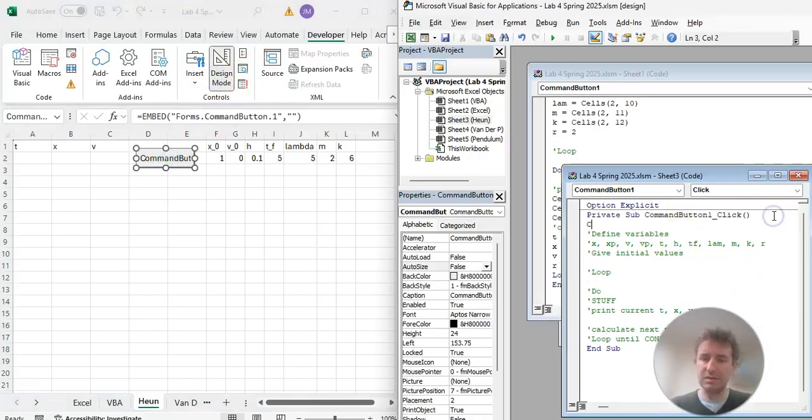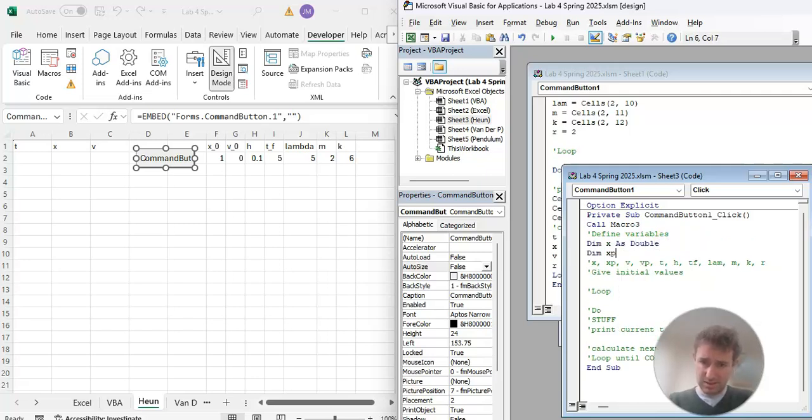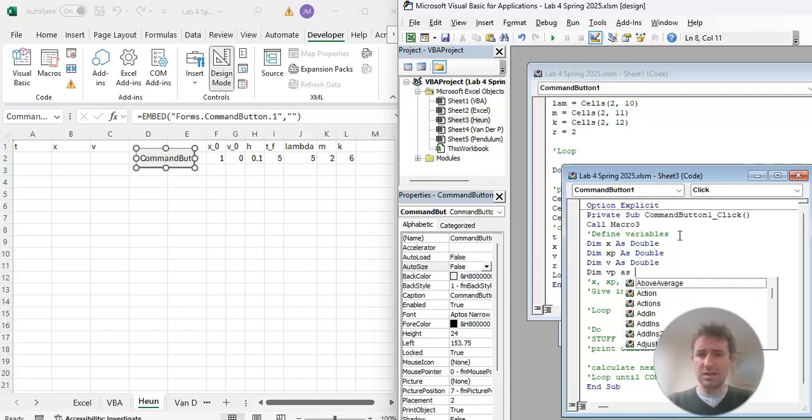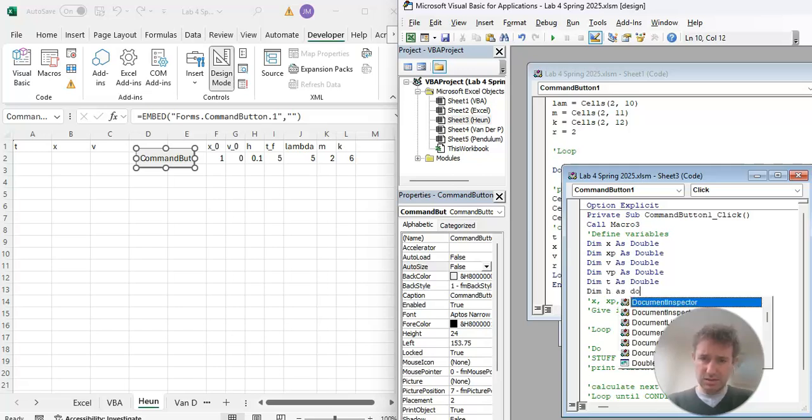Yeah, I could be lazy and copy paste that, but I don't think it's the right thing to do. I think you should practice. So define variables, do all these. Dim x as double, dim xb as double, dim v as double, dim v predictor as double. Let's be very careful here now. Dim t as double, dim h as double.